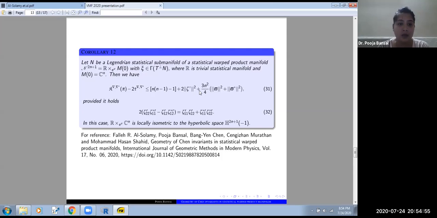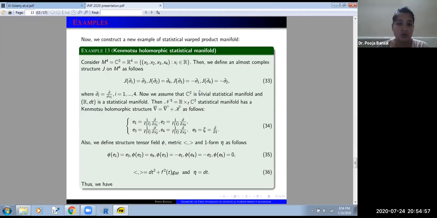Now we construct two new examples to support my results. So the first example is for a Kenmotsu holomorphic statistical manifold. So consider C², which is the collection of 4-tuples (x1, x2, x3, x4), where the xi's are real numbers. Then we define an almost complex structure J on M⁴ given by equation 33.